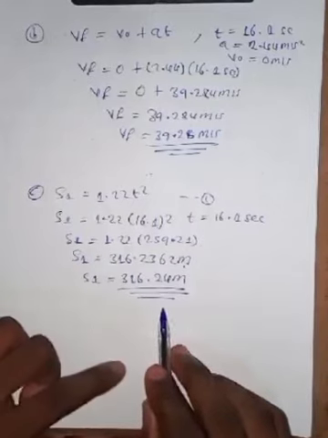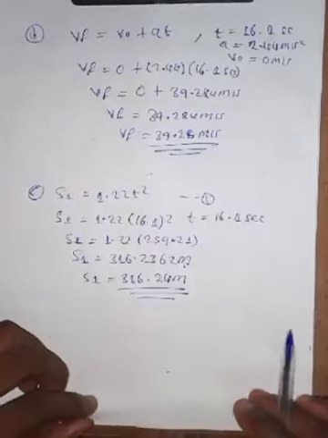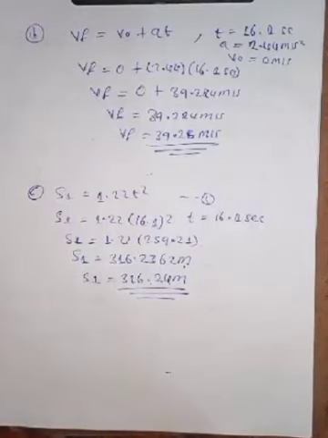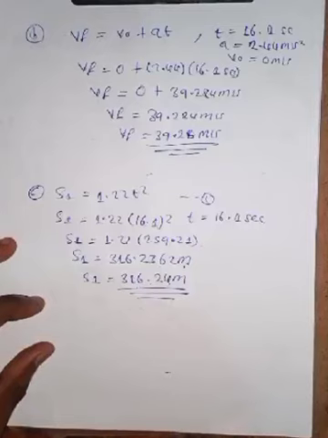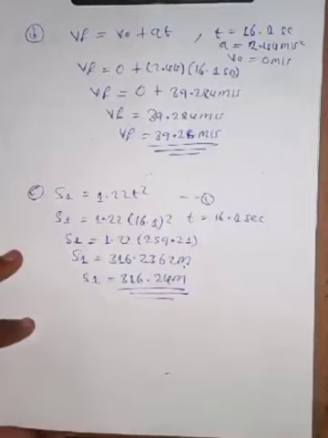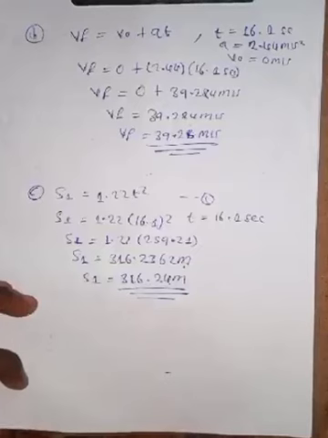The one that was asking for the last part, they asked for the displacement of the car. Yes, so that was 316.24 meters, please. Thank you so much. Make sure that you enjoy the video. If you have any questions, go through and get a paper, take something from the lesson.